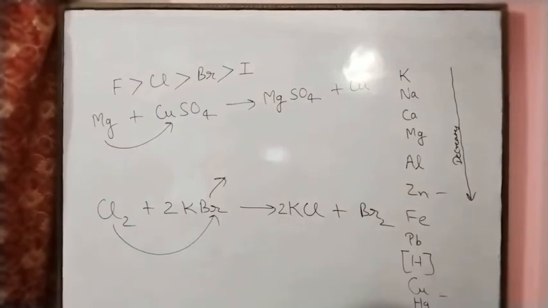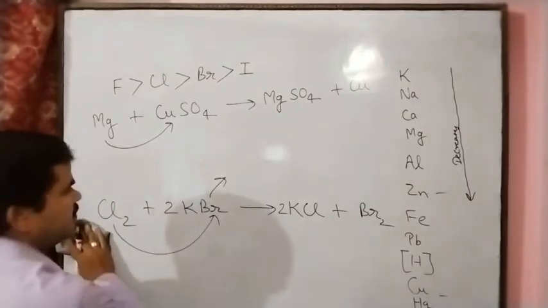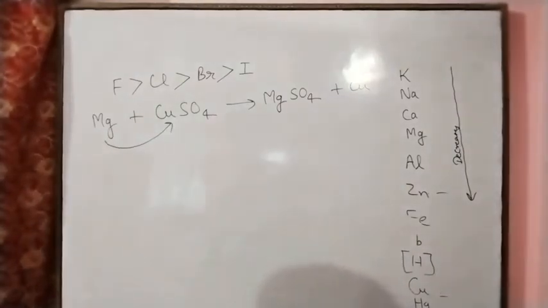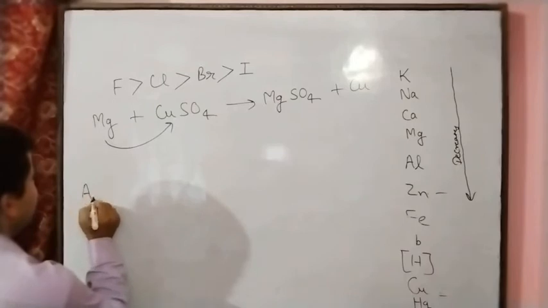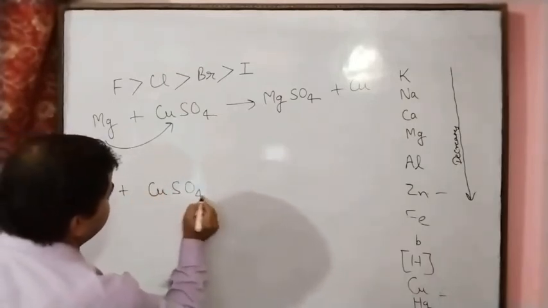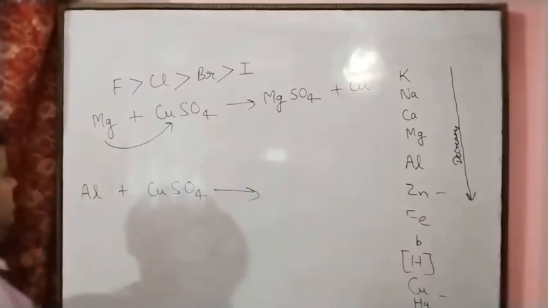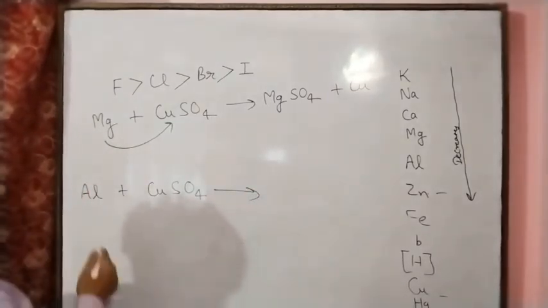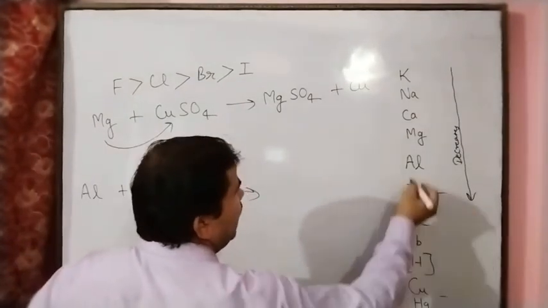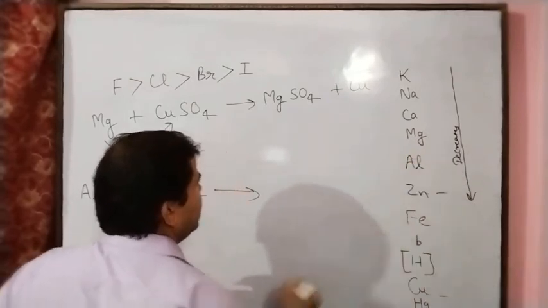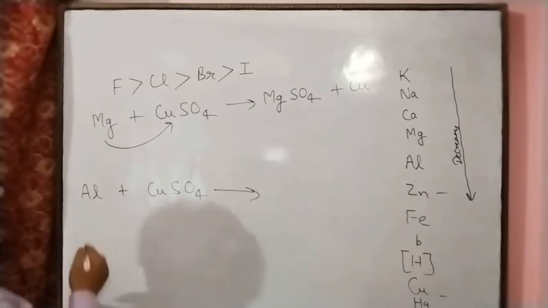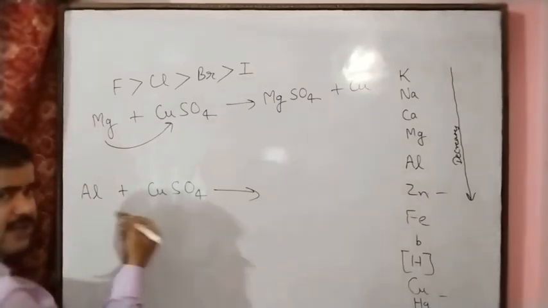In the same manner, if we react aluminium with CuSO4, here aluminium's reactivity is more than copper's. Aluminium is placed above copper, so aluminium is the superior element and copper is the inferior element. These are metals, so metal displaces metal.